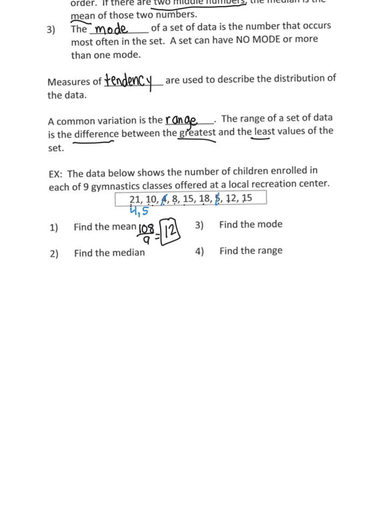Then I've got 5, then 8, then 10, 12, I've got 2 15s, and then 18 and 21. So I've used all my numbers. I've got 9 numbers. I just reordered them from smallest to largest.